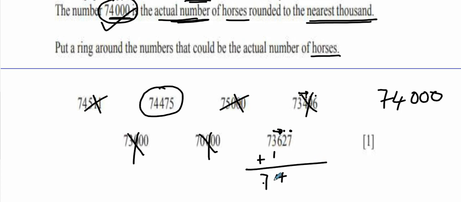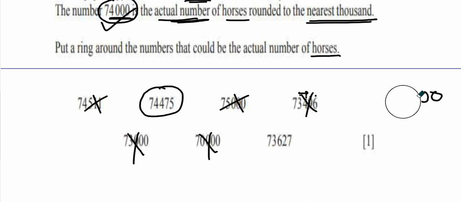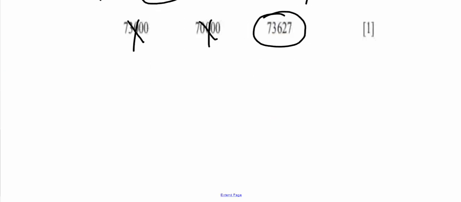This will be 7. The 6 and 7 become zeros. Yes, I'm getting 74,000. So this number should be put in a ring. I hope that helps. Then let us move on.